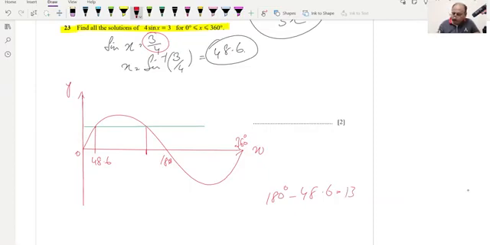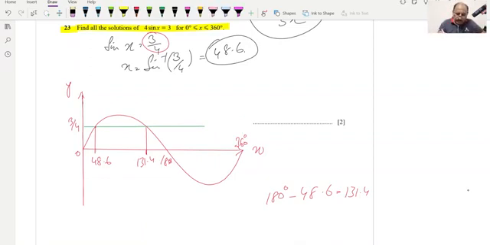So this point will be 131.4, and this value of y will be 3 by 4. And we can see in this area there is no other point up to 360. We can check up to 360. There is no other solution for this.